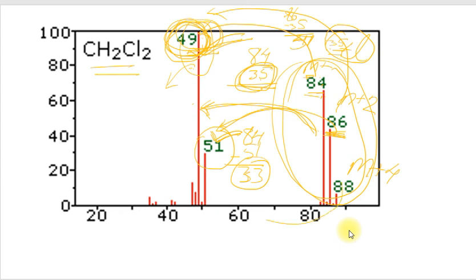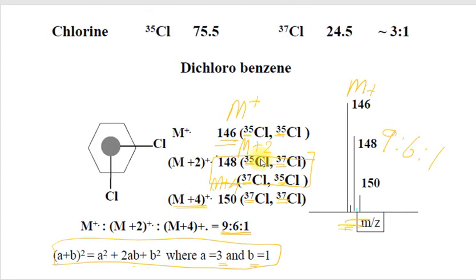Like that, take the molecular ion peak of 88, 88 minus 35. But that calculation has to be taken into consideration according to the mathematical formula given here.